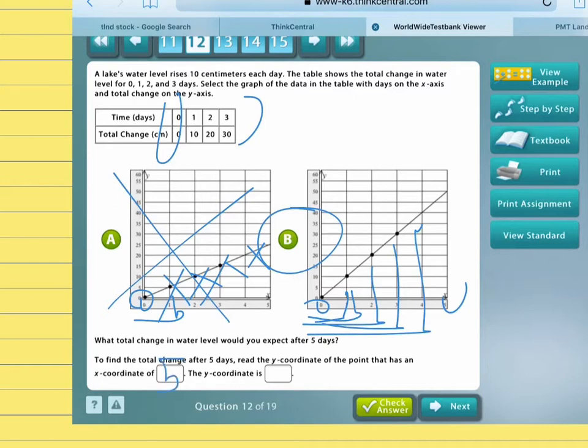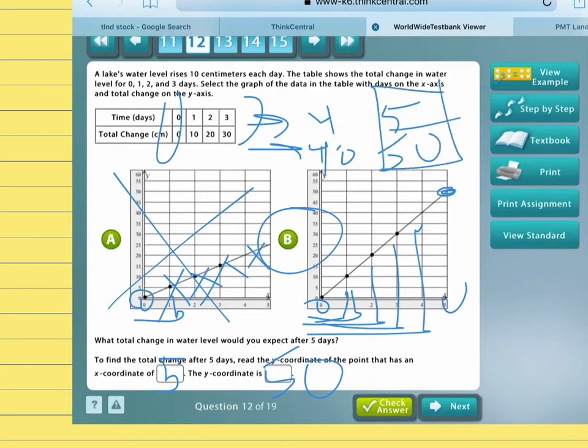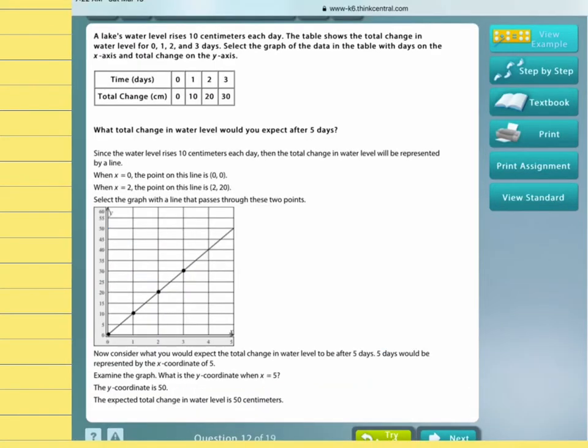So the y coordinate would be 50, I believe. Let's check it out. You could also just continue this pattern here until you get to 4 and 5, and 40 and 50. So you could continue the pattern to find it. And there you go. So it's showing that.